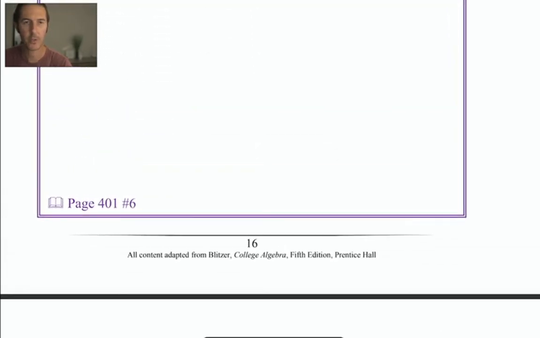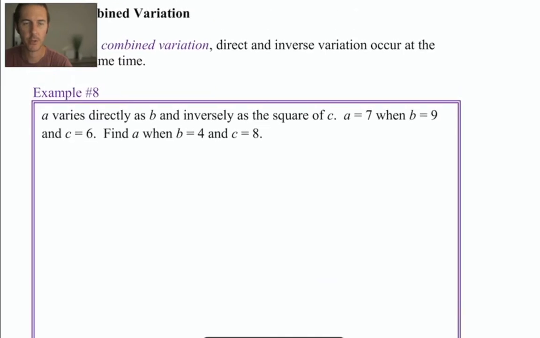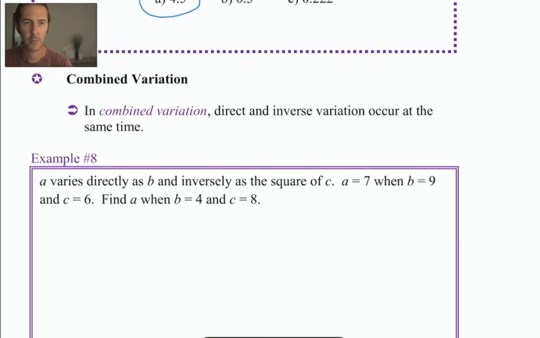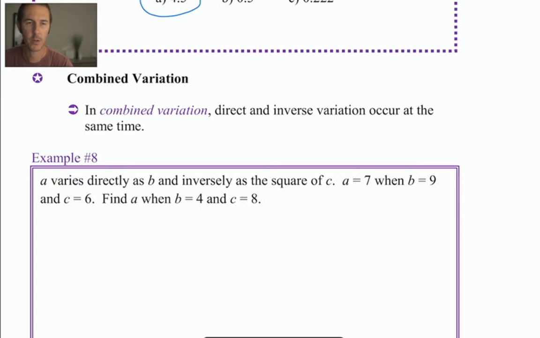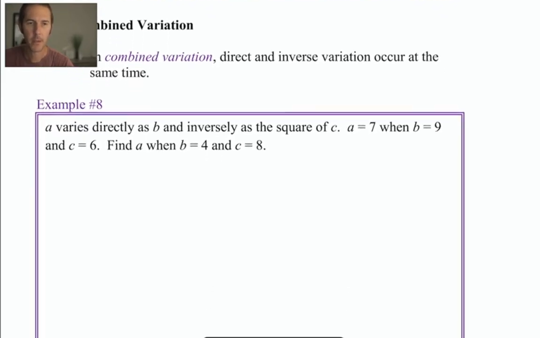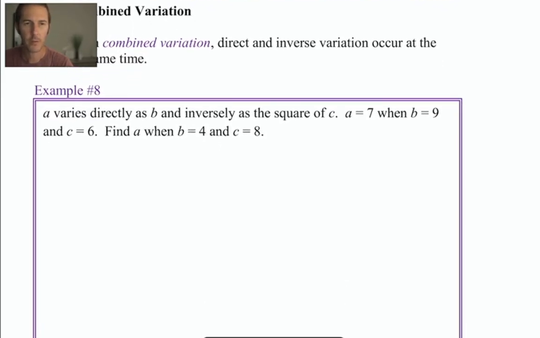So we will actually see joint variation as a separate version of these variation problems. So we're just going to subtitle this one combined variation, and we are seeing varies directly and we're seeing inversely in the same statement. Let's see if we can take this sentence and turn it into an equation.